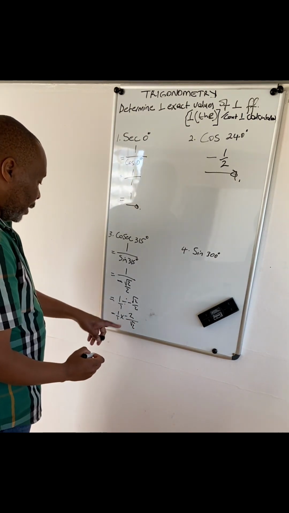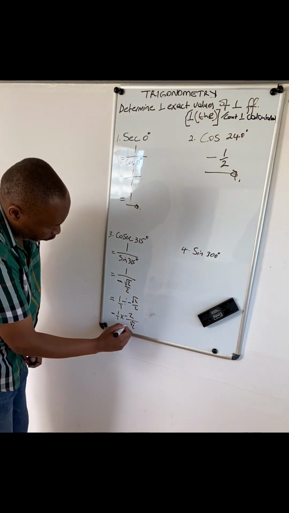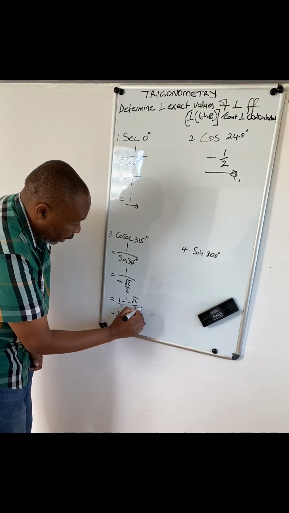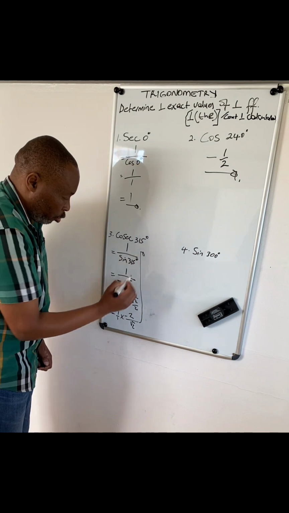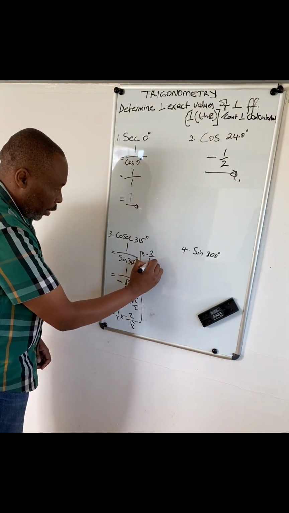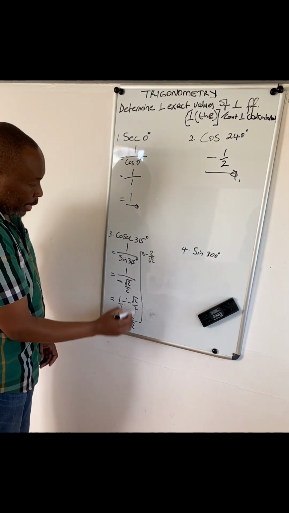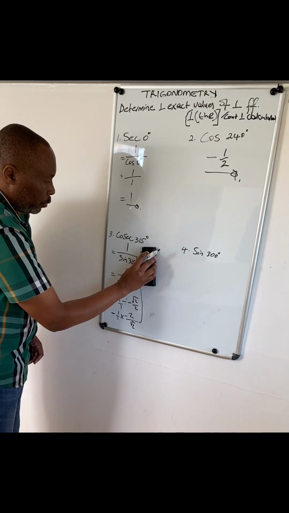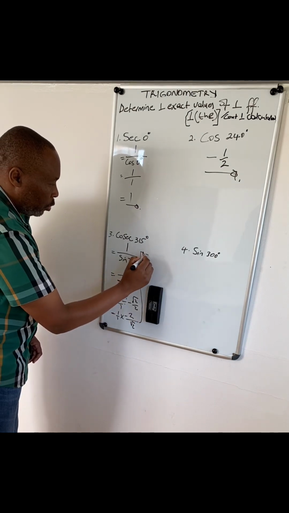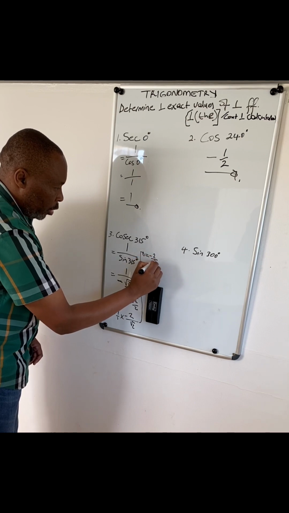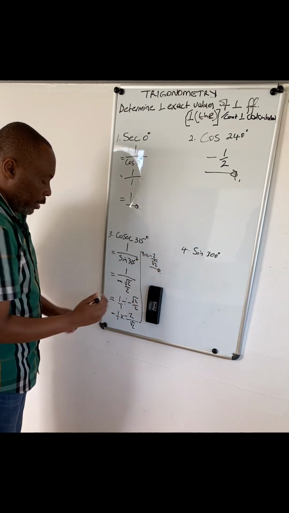Therefore our answer here is negative 2 over √2. This is the answer.